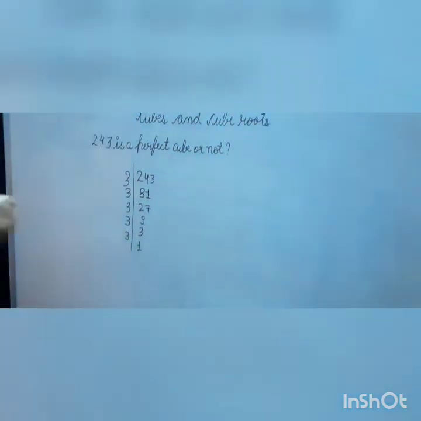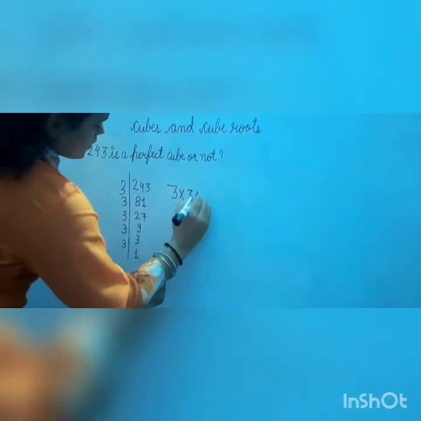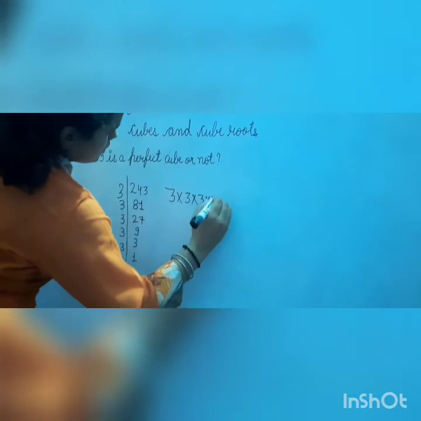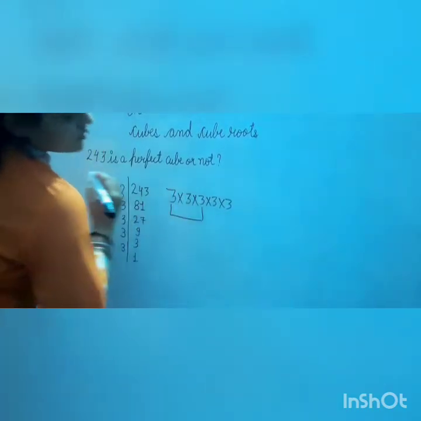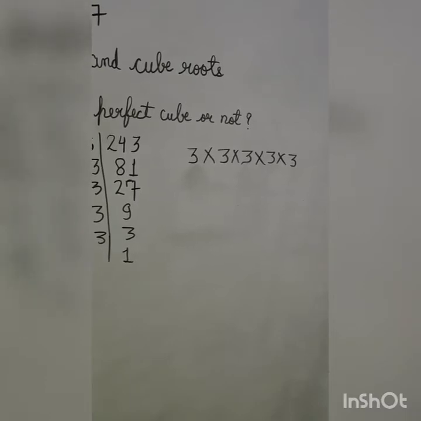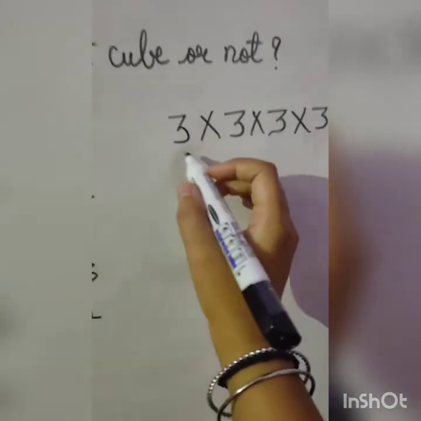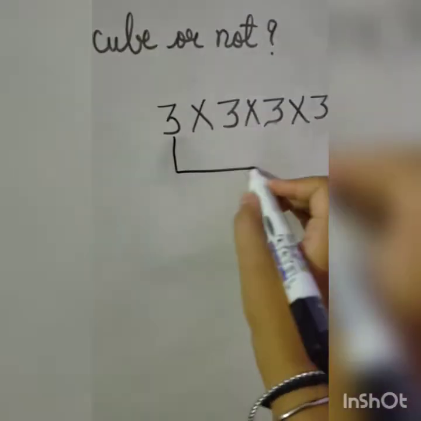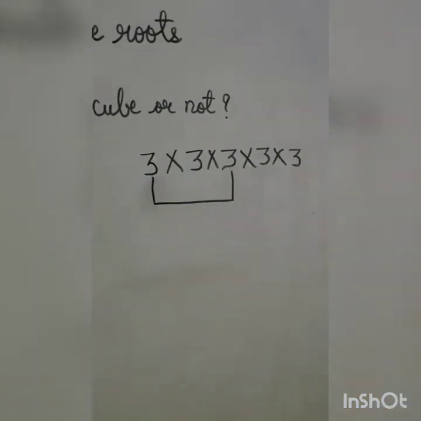Now you can see that 3 multiply 3 multiply 3 multiply 3 multiply 3. You can see that these 3 are making the triplet, but these 2 3 are not making the triplet.